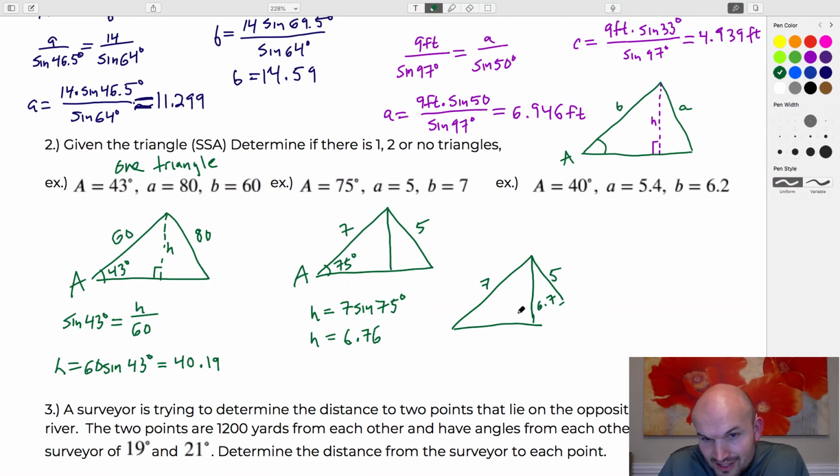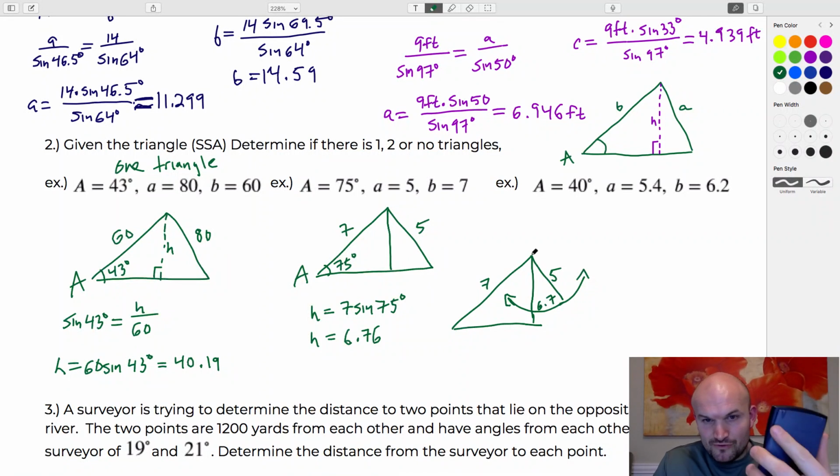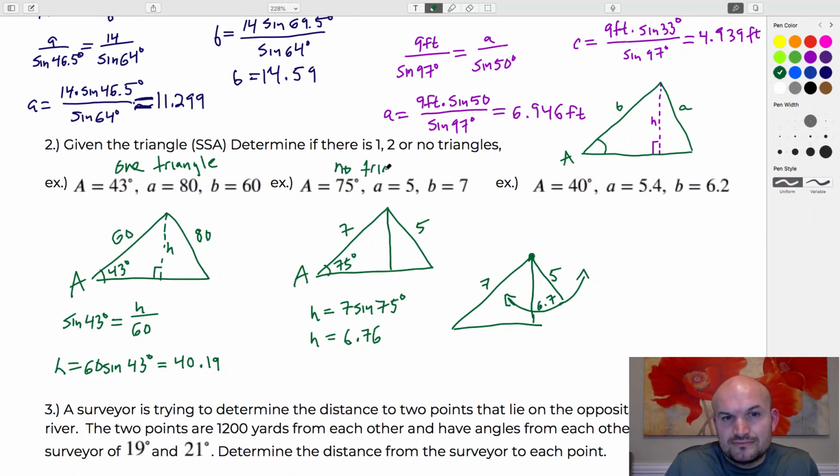So it doesn't matter how much you sway this in either direction, it's never going to create a closed triangle. You have side length B, but it's not big enough to go from this point down. It needs to be at least a minimum of 6.7, because that's the height of the triangle. So if your opposite side is 5, it doesn't matter how much you hinge the side, you're never going to create a closed triangle. So therefore, no triangle exists.